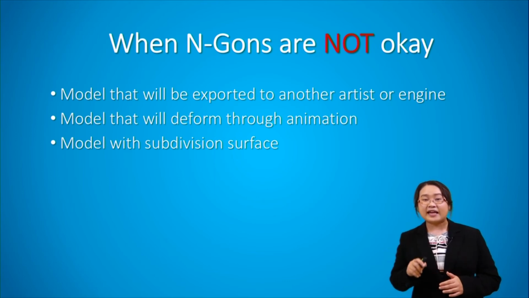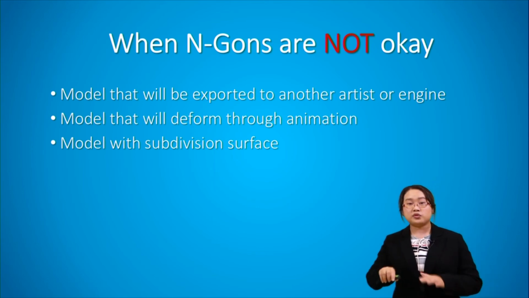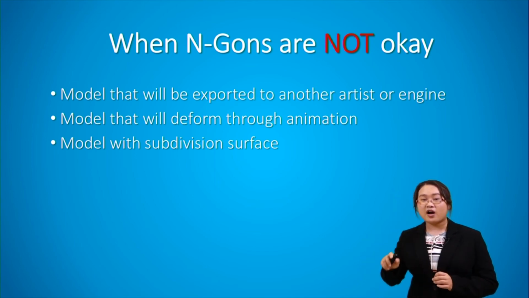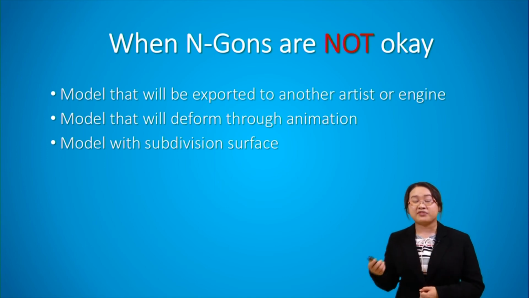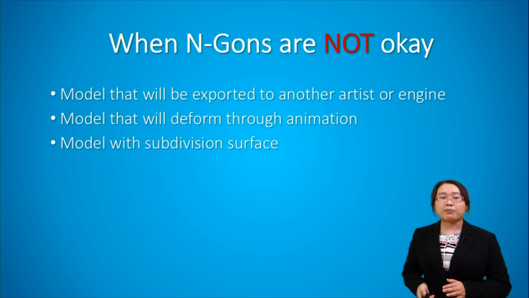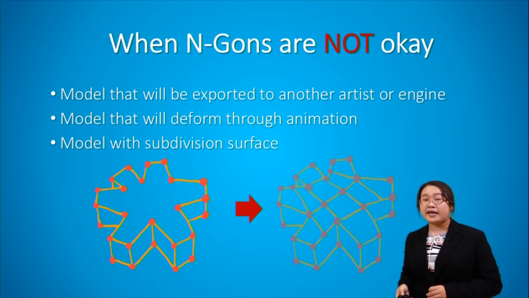The next case where n-gons will not be okay is if you are going to deform a model that consists of n-gons, because Blender will not support the deformation of the n-gon. And the last one is if you would like to apply the subdivision surface to the n-gon.